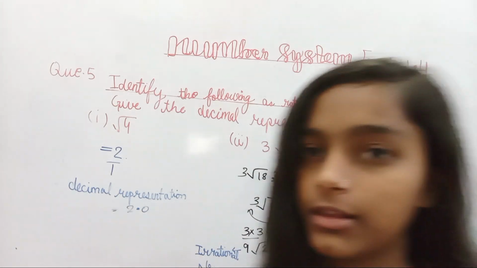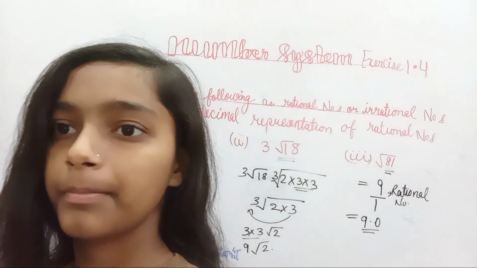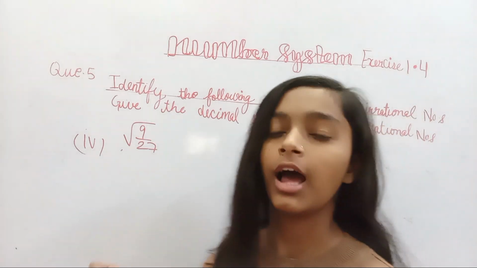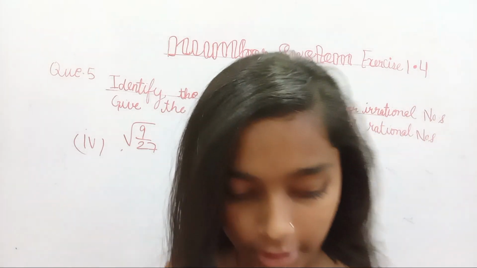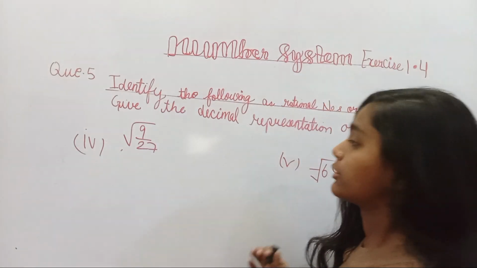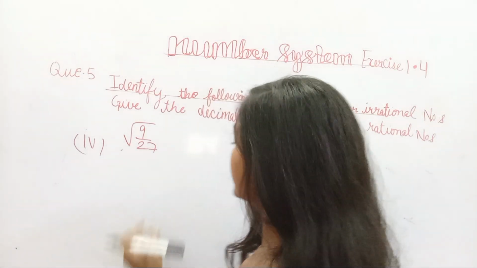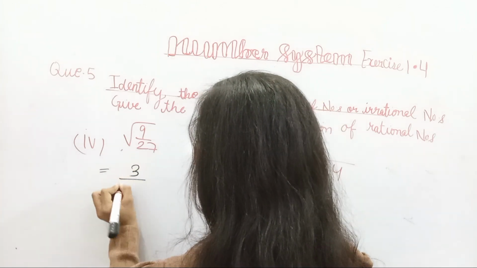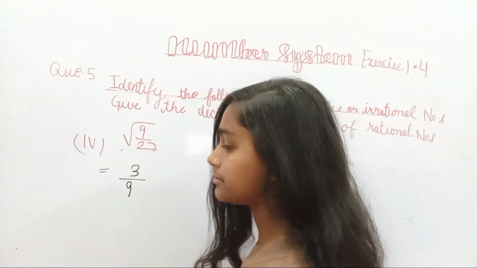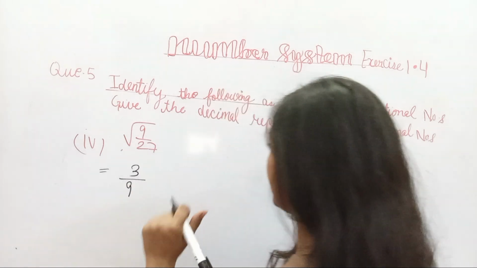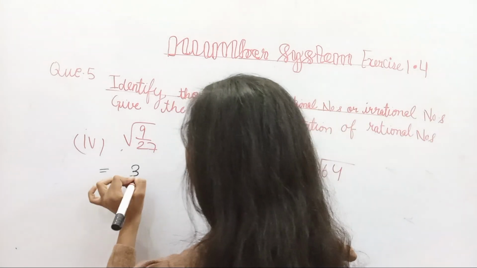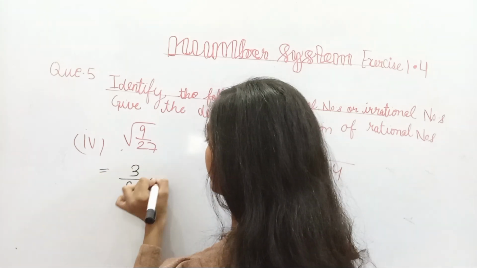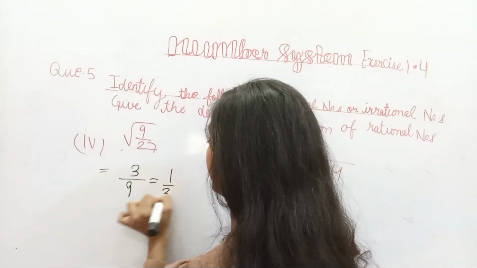So I hope you got this. Now let's move on. These are the last parts of this question and this chapter. The fourth part is root of 9 by 27. Now we can simplify 9 by 27 as 3 by 9, and we can simplify it further as 1 by 3.